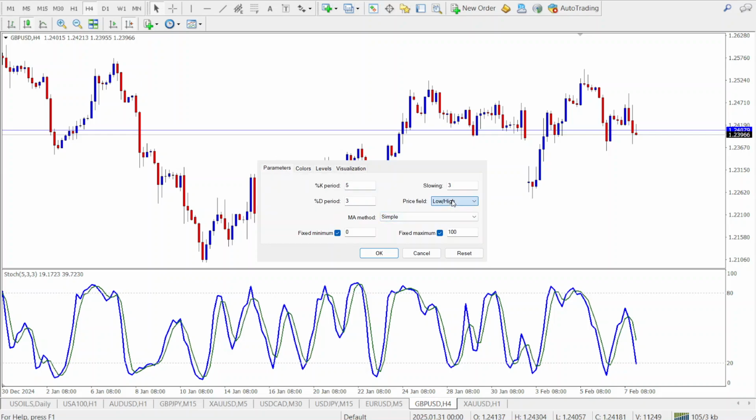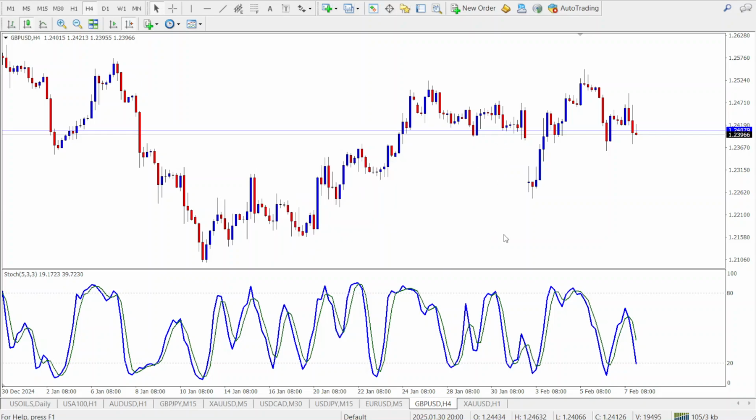You can see that this price field setting here is set at low-high, right? So, what the stochastic oscillator does is that it measures the position of the most recent closing price relative to the high-low range over a set period of time.